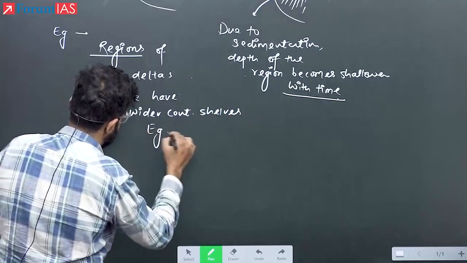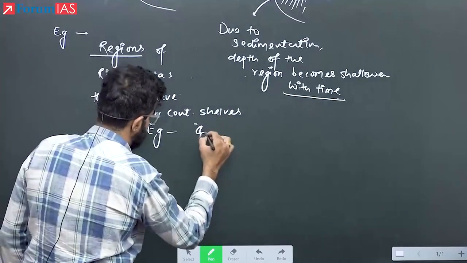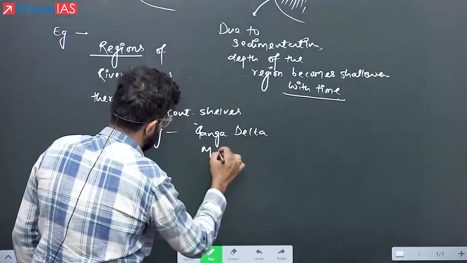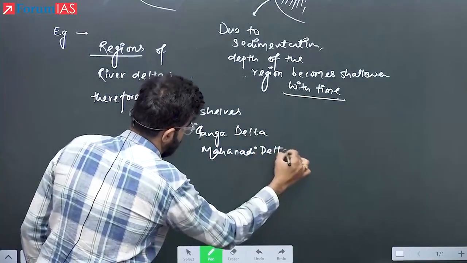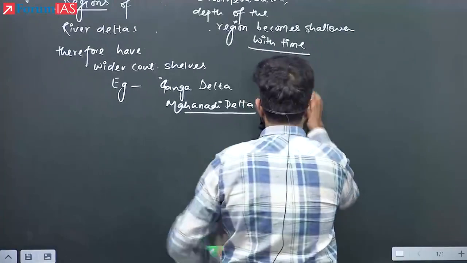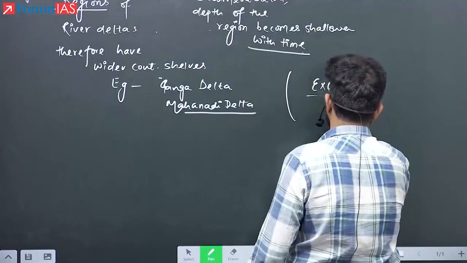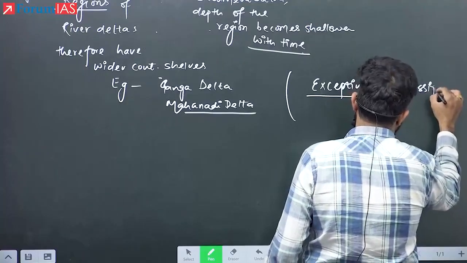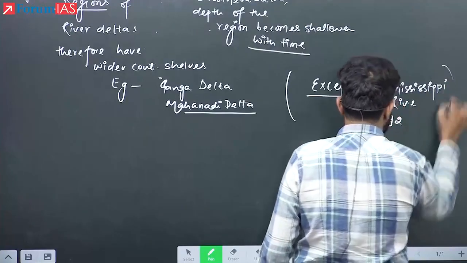Example, the region of Ganga Delta, Brahmaputra Delta, Mahanadi Delta, etc. This is number one. The only exception here, please write down in the bracket, is the Mississippi River. Page number 82, you will log it, right?